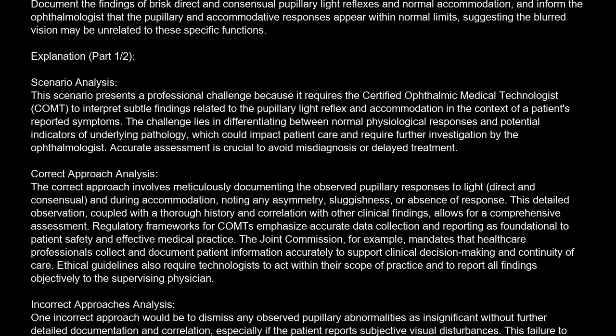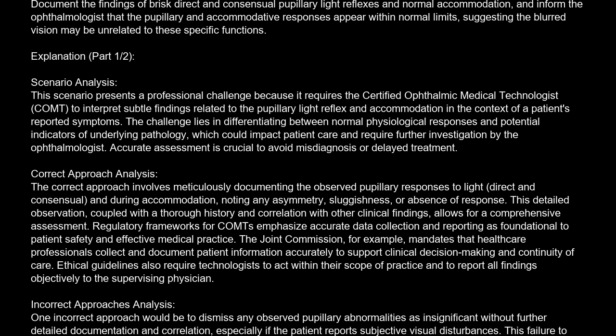Correct approach analysis. The correct approach involves meticulously documenting the observed pupillary responses to light, direct and consensual, and during accommodation, noting any asymmetry, sluggishness, or absence of response. This detailed observation, coupled with a thorough history and correlation with other clinical findings, allows for a comprehensive assessment.